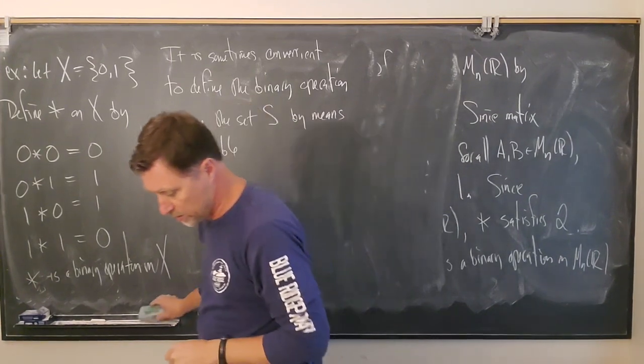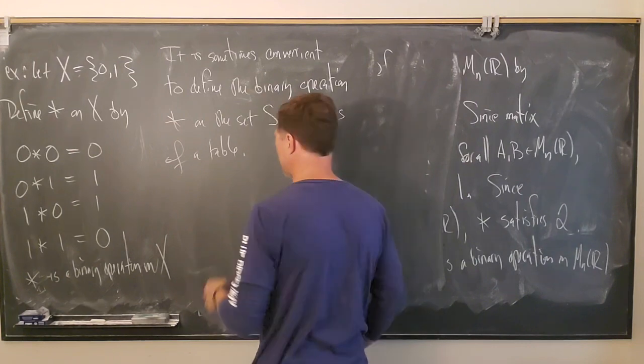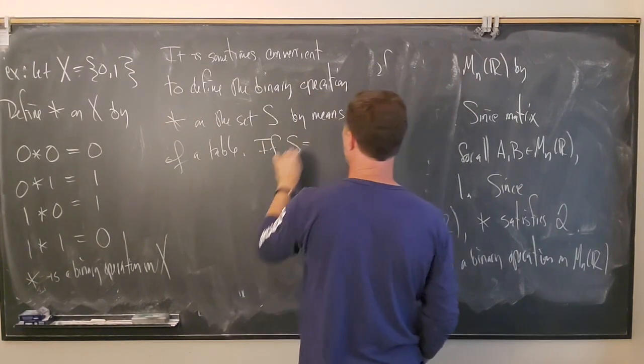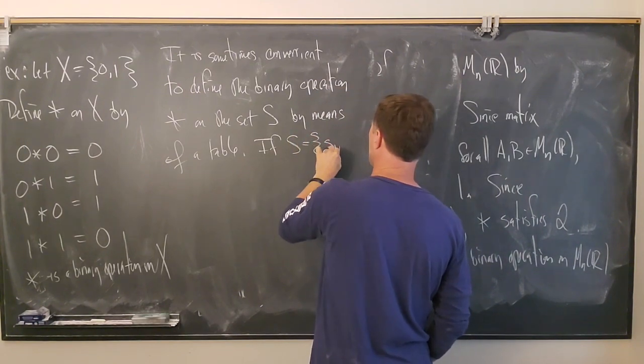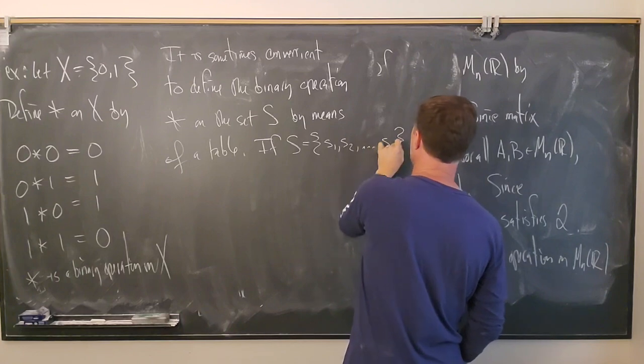Here's the way we do this. This only works if we have a finite set. So let's say S equals the set consisting of the elements S1, S2, all the way up to Sn.